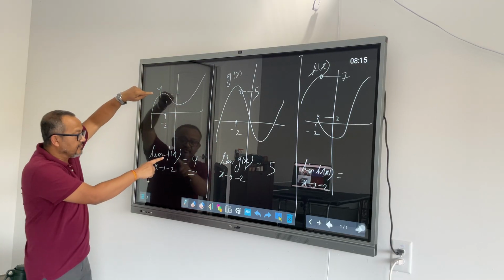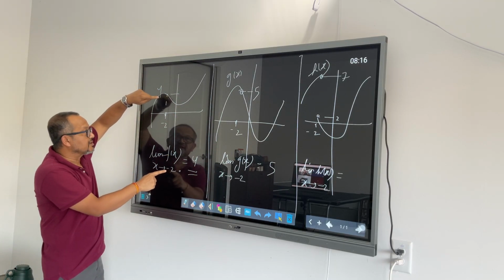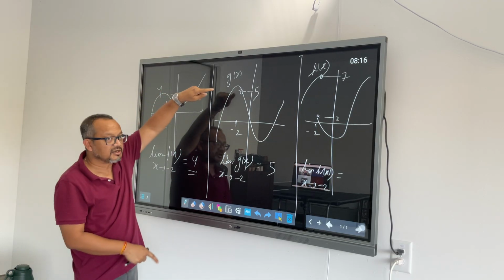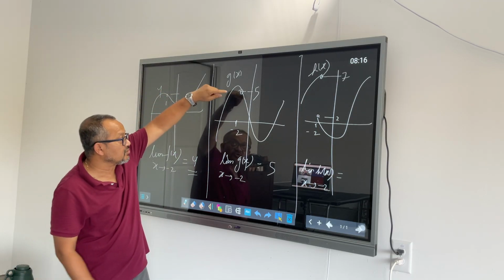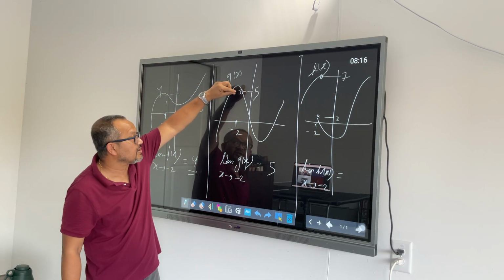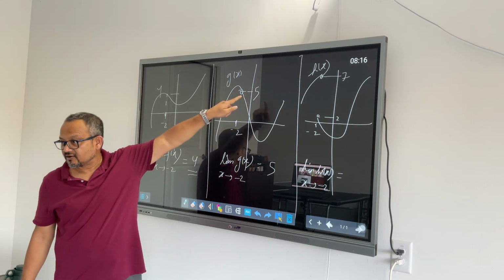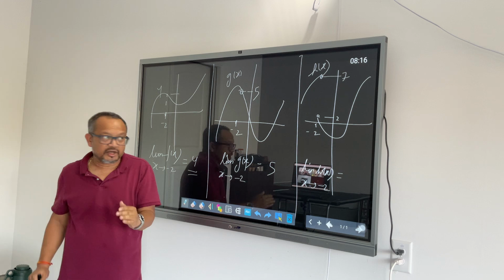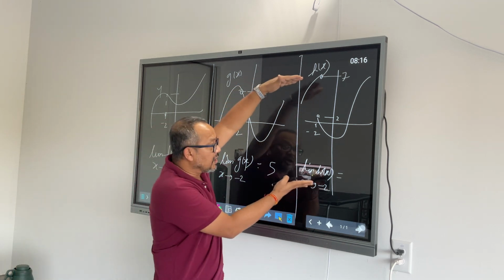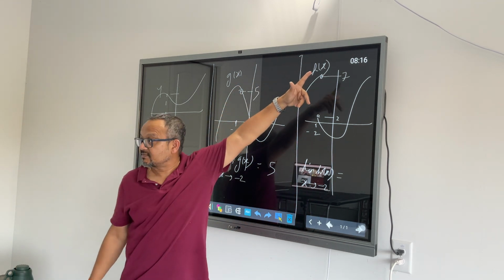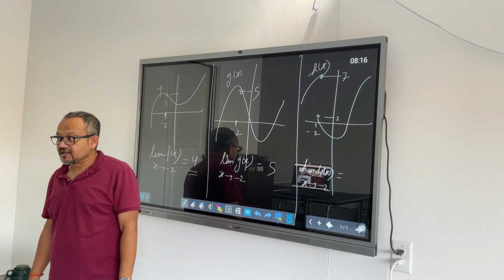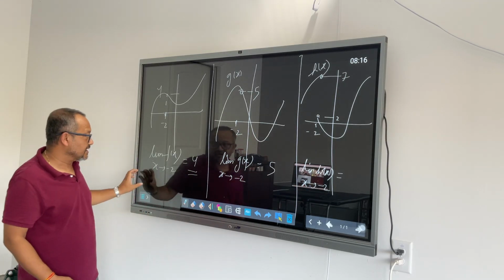I looked at the value of f of x at minus 2, and that is my limit. Even if this is discontinuous, it only breaks or becomes undefined at that point, so my limit is the same as the value of x. You see we are approaching the same point. But when I come to this one, I see that there is a break, and we say the limit does not exist. Now let's relate it mathematically.